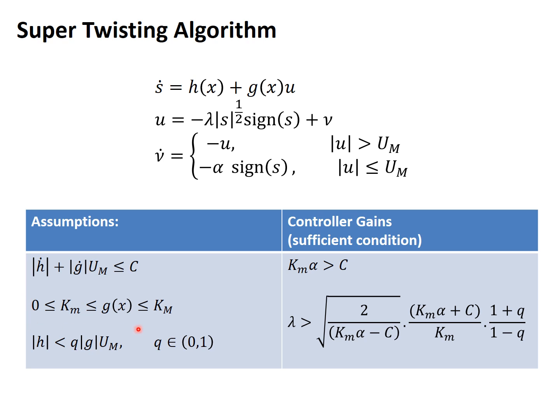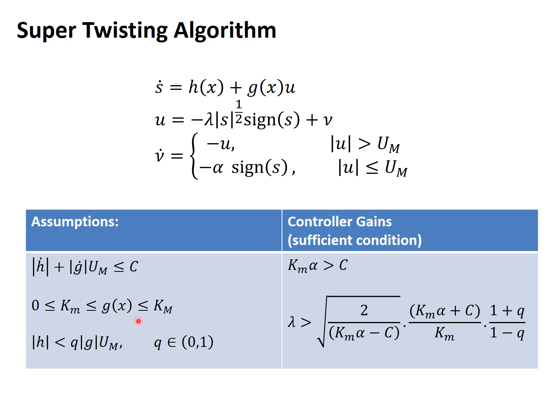Another bound is the bound on G(x). So, what are these H and G? H and G are these things. When you have done s dot from the system, you will have these H(x) and G(x) functions coming in. So, G(x) is also bounded. G(x) has to have a bound of k small m and k capital M. You see that this G(x) is a positive function.